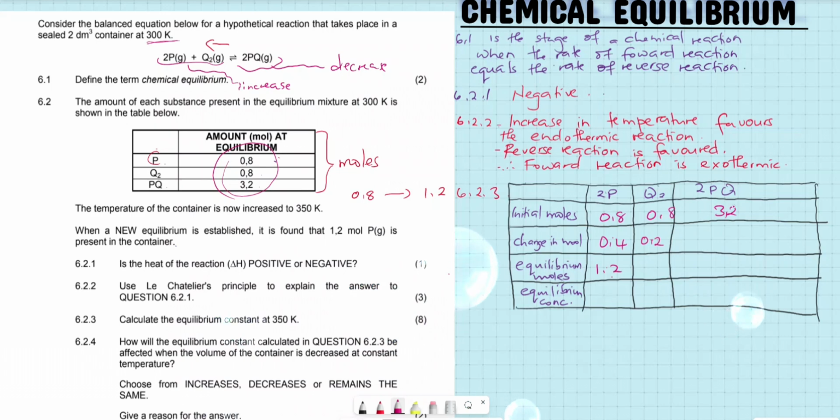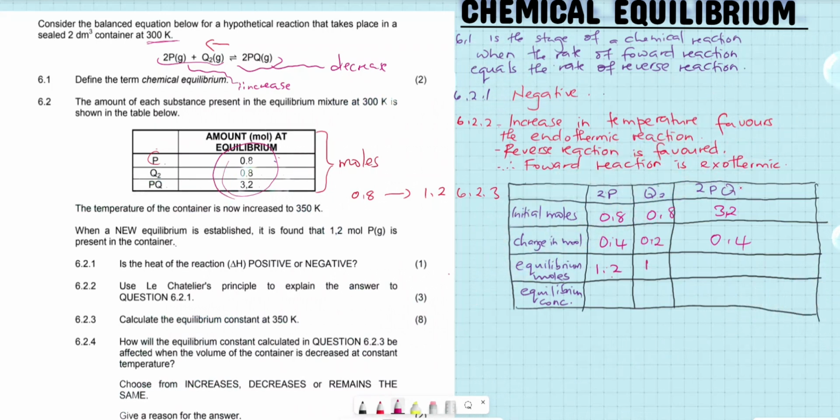Then for P and PQ, they're in the ratio 2:2, which is similar to 1:1, so this will stay 0,4. Since the number of moles of reactants is increasing, we say 0,8 plus 0,2, then we get 1.